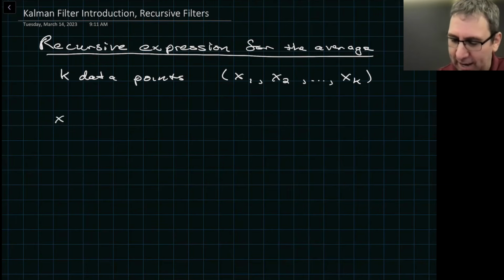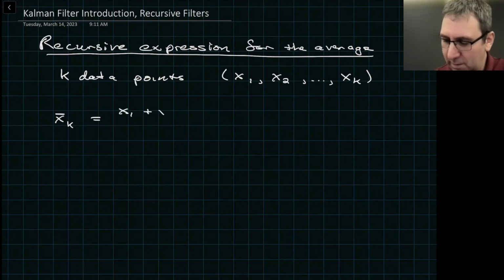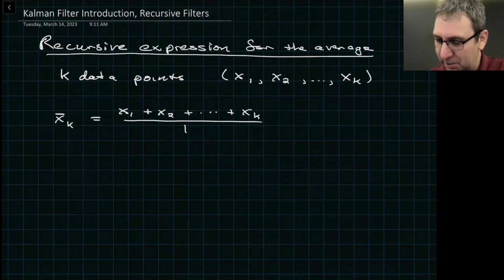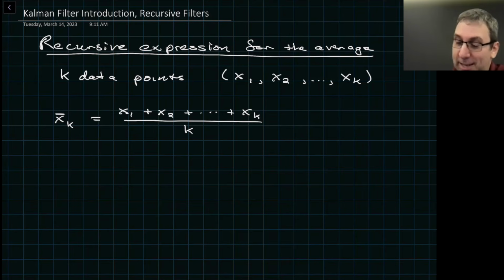Then x bar k is going to be the average over these k data points. So what is it? It's the sum x1 plus x2 all the way to xk divided by the number of points. This isn't anything you don't know. This is just an expression for the average, but it does take in all k points.